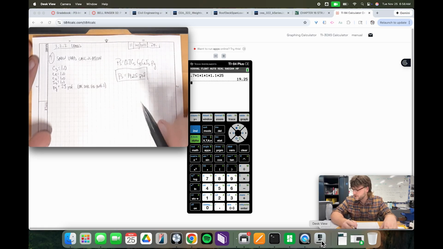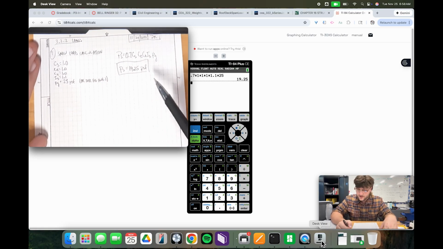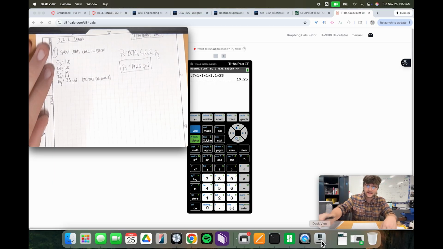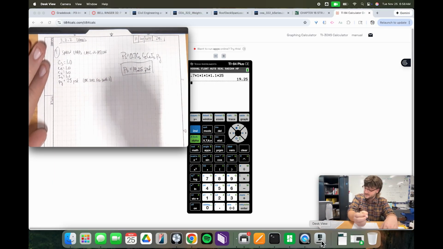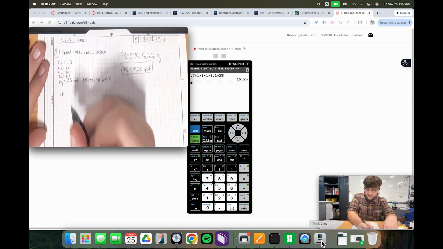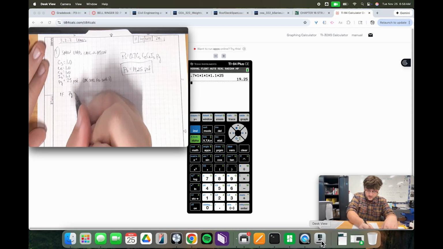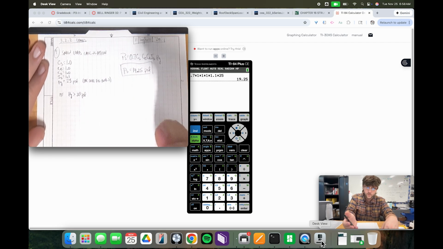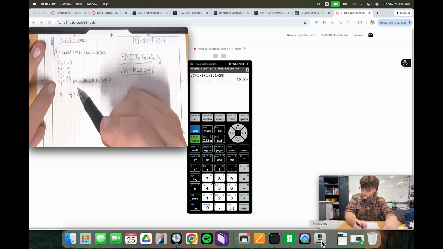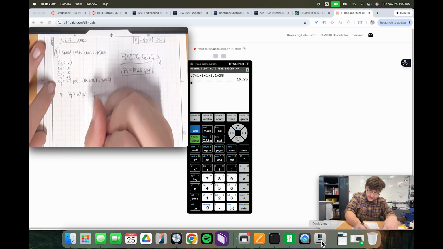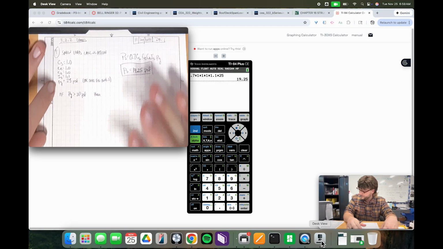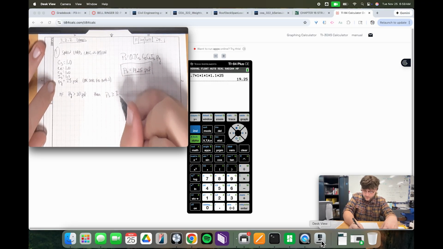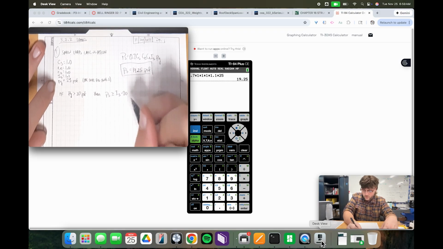Now, what we want to check, though, is that although this is 19.25, we want to look at what we had in the slides. In the slides, it stated if the PG, the ground snow load, is greater than 20 PSF, which is the case, since we found the ground snow load was 25, then for the minimum snow load, PS must be greater than or equal to our importance factor multiplied by 20 PSF.